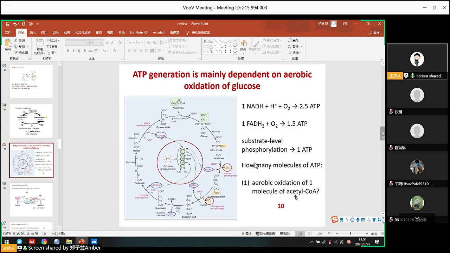How to calculate? For acetyl-CoA, in the TCA cycle, it has 1, 2, 3 NADH, and each NADH can produce 2.5 ATP. One FADH2 can produce 1.5 ATP. And one substrate-level phosphorylation is 1 ATP here. So it's 10 ATP in total.